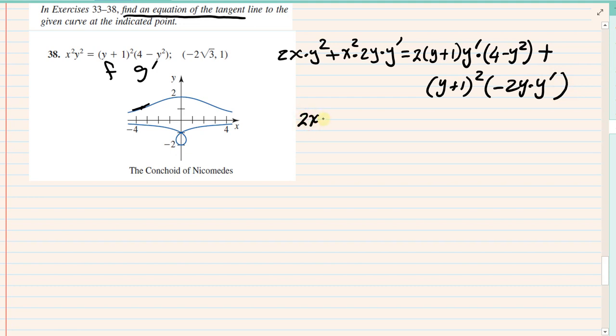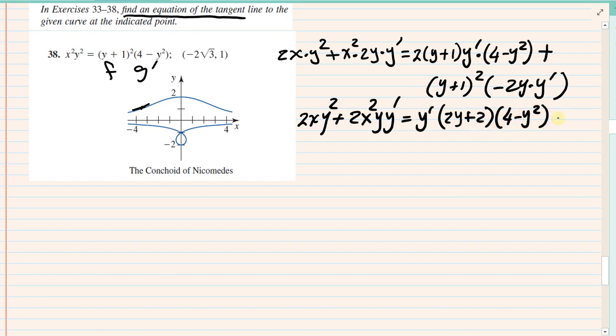So this is 2x y squared, right? And then plus 2x squared y prime. I'm just organizing some things here. And then put y prime times (2y plus 2), distribute the 2, and then (4 minus y squared), plus, just the latter part is negative 2y, y prime.